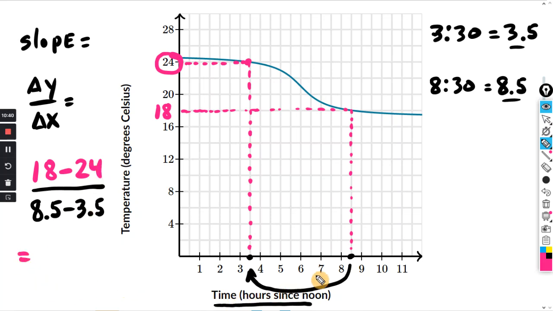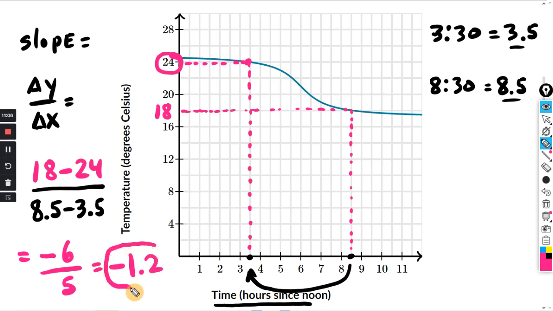So the 8.5, get your y-coordinate. The 3.5, get your y-coordinate. You're in business. 18 minus 24 is negative 6. 8.5 minus 3.5 is 5. And if you do a decimal, negative 6 divided by 5 is going to be negative 1.2.